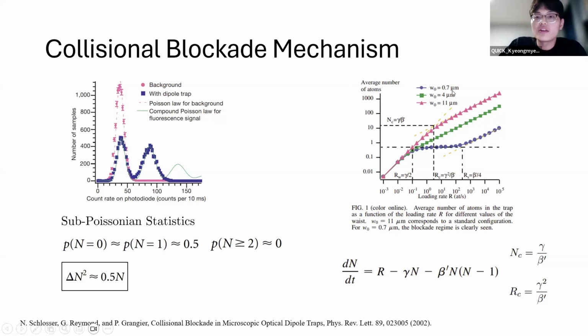And if you make it small enough, in this case under 1 micrometer, you can see that it forms a plateau where you have a constant average number of atoms over multiple magnitudes of loading rate at a value of 0.5, 0.6. And this tells you that the probability of single atom loading is 50%.